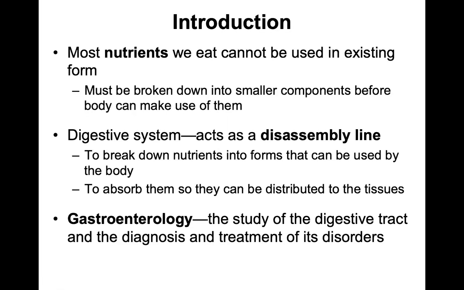Your digestive system works as a disassembly line to break down the foods that we eat. Your body cannot use the foods that we eat in their normal form. There's no way that a steak, ground beef, fried fish, or any of that can be used the way that it is in the body.